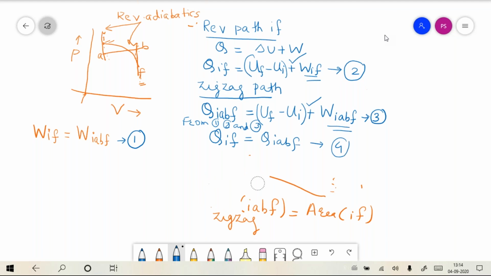Now please reflect upon equations 1 and 4. What do we find?